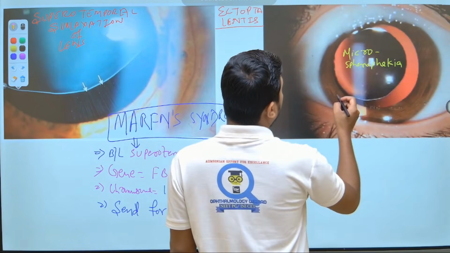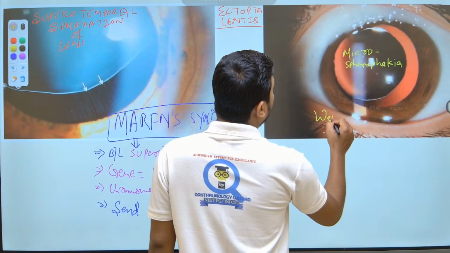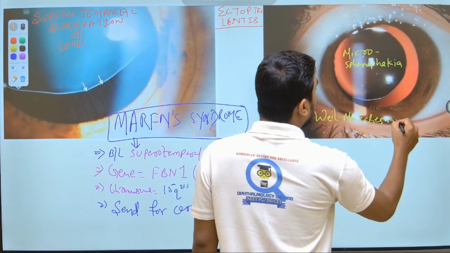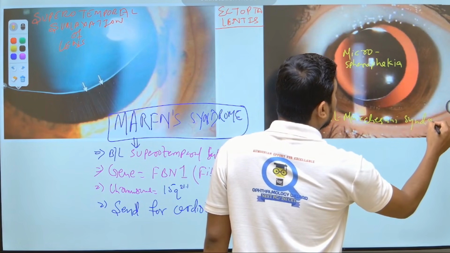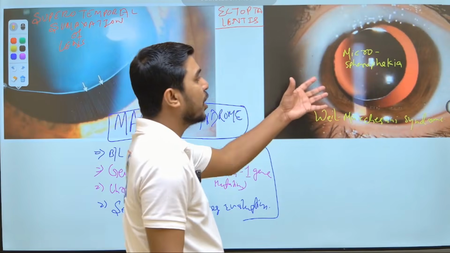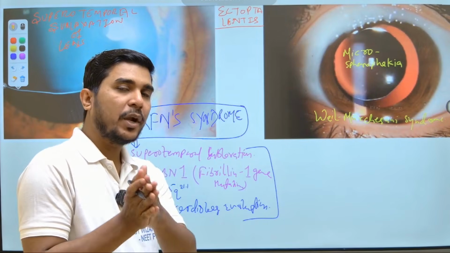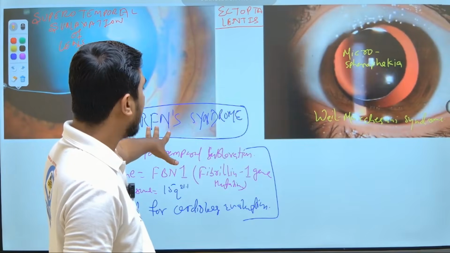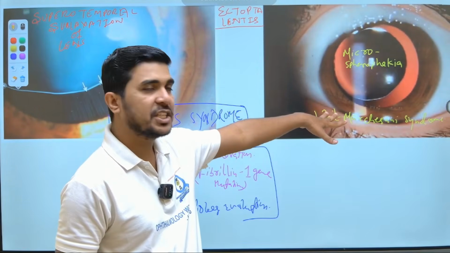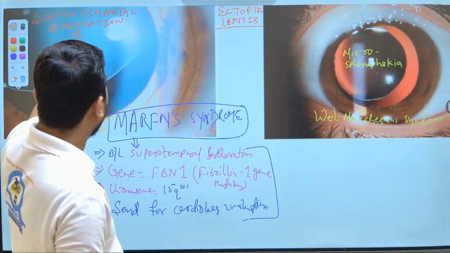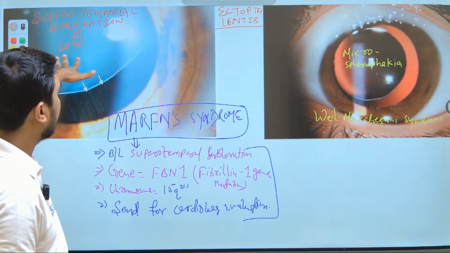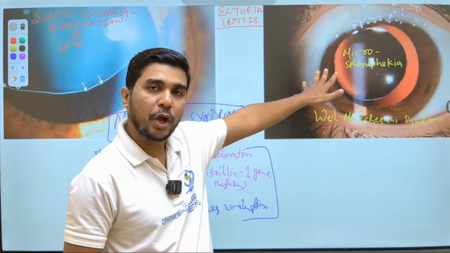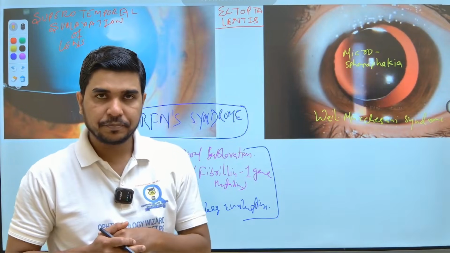It is seen in Weill-Marchesani syndrome. This is very important to understand. Now, what are the other causes? You have two causes of ectopia lentis. One is Marfan syndrome, the other is Weill-Marchesani syndrome. For Marfan syndrome, the important point is superotemporal subluxation, and for Weill-Marchesani, the important point to remember is microspherophakia.